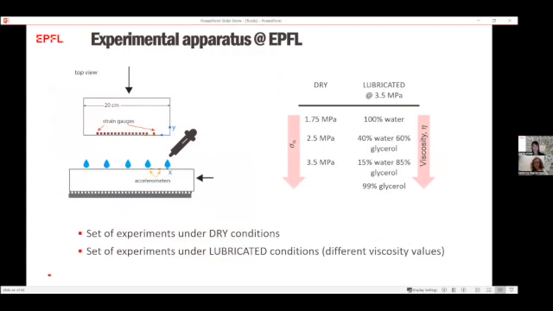In this case, the normal stress was kept constant at 3.5 MPa, but there was a fluid applied on the surface. I just dropped some drops of fluid along the interface before the experiment, and this fluid had different viscosity values, the same as the ones that were used in the study that Marie just presented to you. They were spanning 4 orders of magnitude of viscosity.